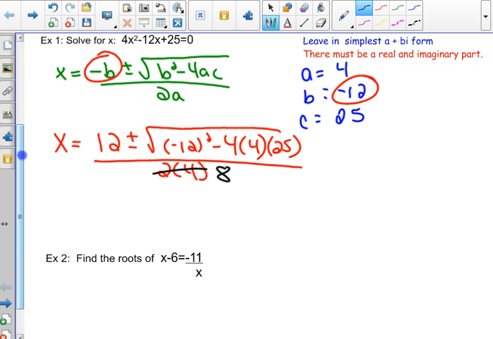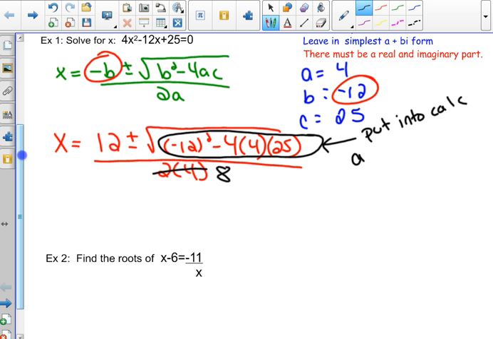Okay. So when we simplify, this is where your calculators are very helpful. We want to put the stuff that's under the radical in your calculator at one time. No radical sign, just the numbers. Make sure we have parentheses around that negative 12 when you square it.